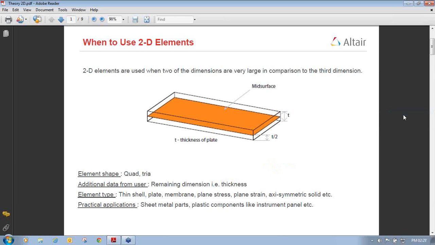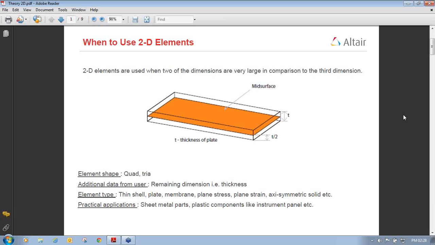Then additional data required from the user by the software for simulating 2D elements is the remaining third dimension, that is the thickness of the component. So to simulate 2D elements, we need to provide thickness to the software.